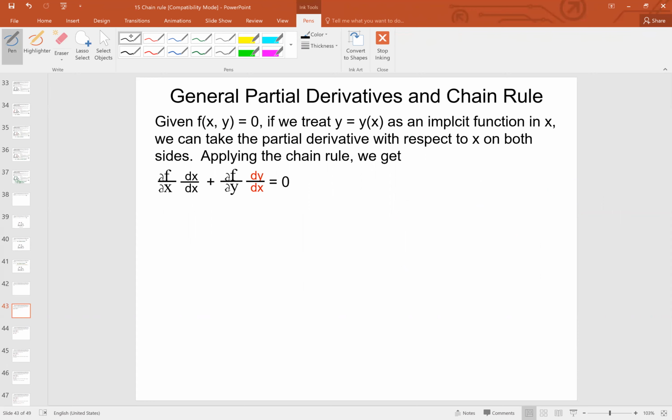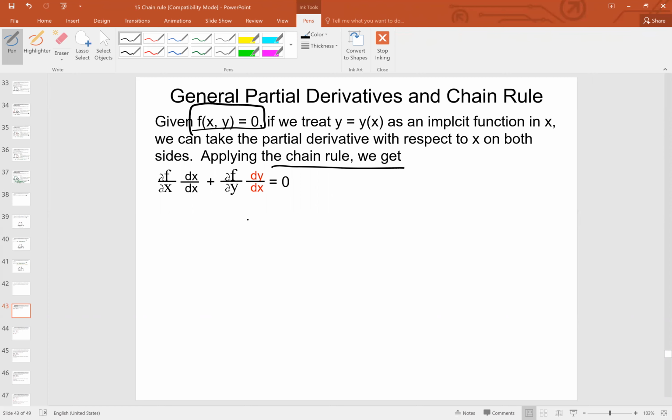Let's move the equation all to one side, so F(x,y) = 0. I take the partial derivative using the chain rule with respect to x, treating y as a function of x, because we want dy/dx as the end result.